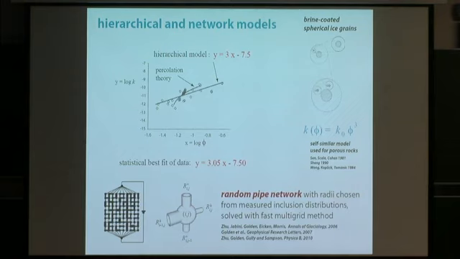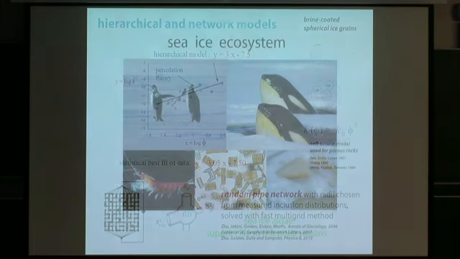So we wanted to get a much broader range of applicability, and again, we get amazing correspondence between the data and the theory. We've also developed random pipe networks with the radii of the pipes chosen from these measured inclusion distributions, ultimately solved with fast multigrid methods. We've done it for the electrical case as well as the fluid case.